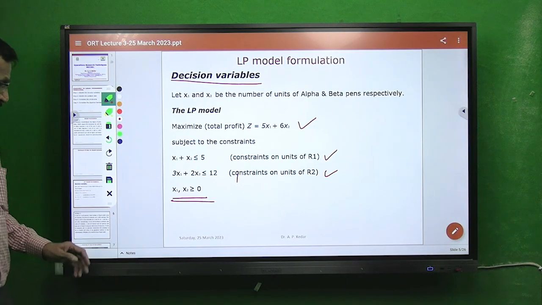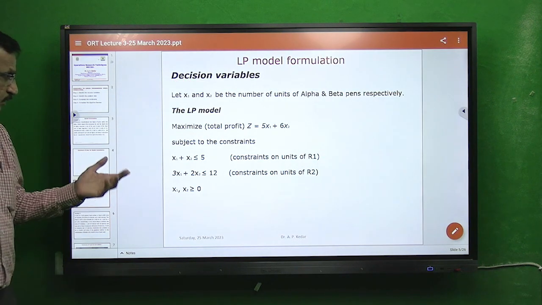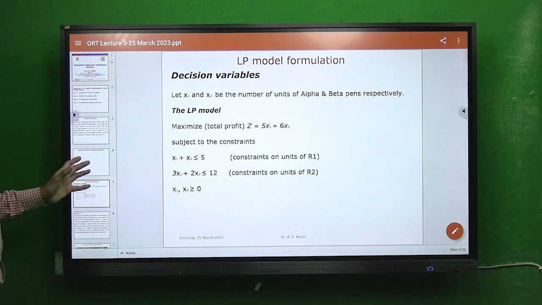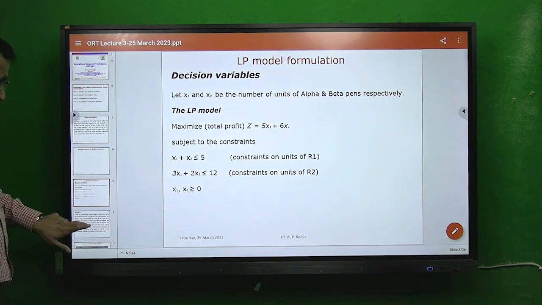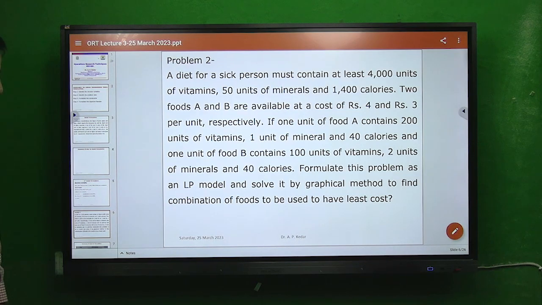Now we will see other problem, other wording, change of wording, and how we can formulate the problem from that particular example.